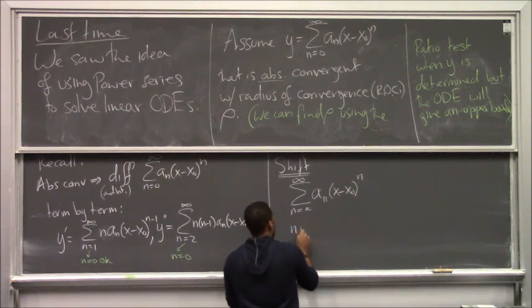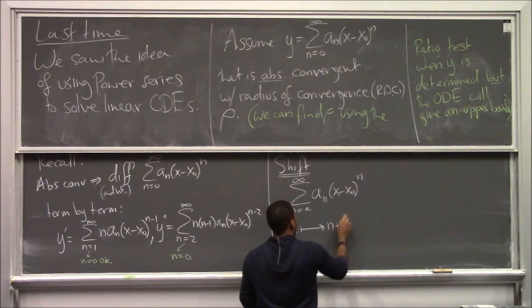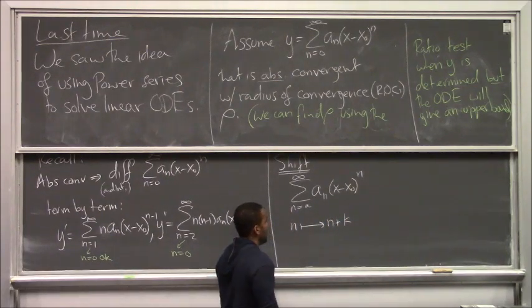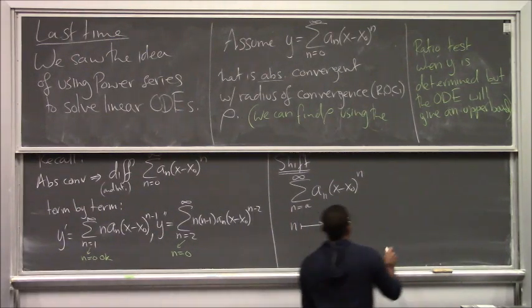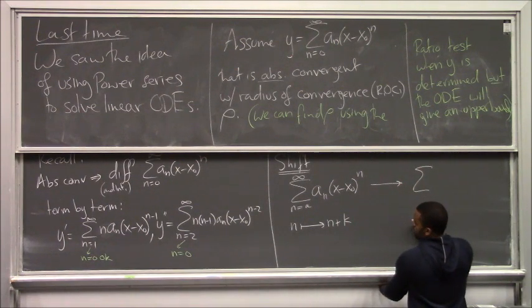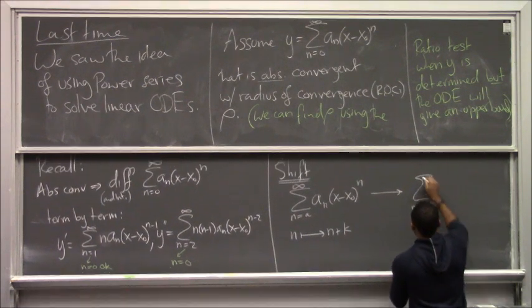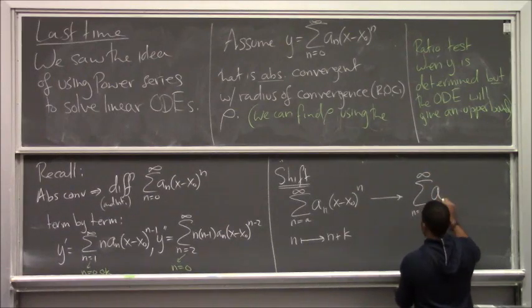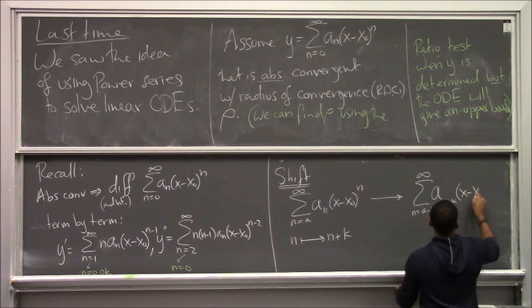We can shift n and move them to n plus some other number, and the series will also shift. I would replace all n's with n plus k's, and so this would be a minus k is what this would start at, going off to infinity, and then here this n goes to n plus k, and that n goes to n plus k.